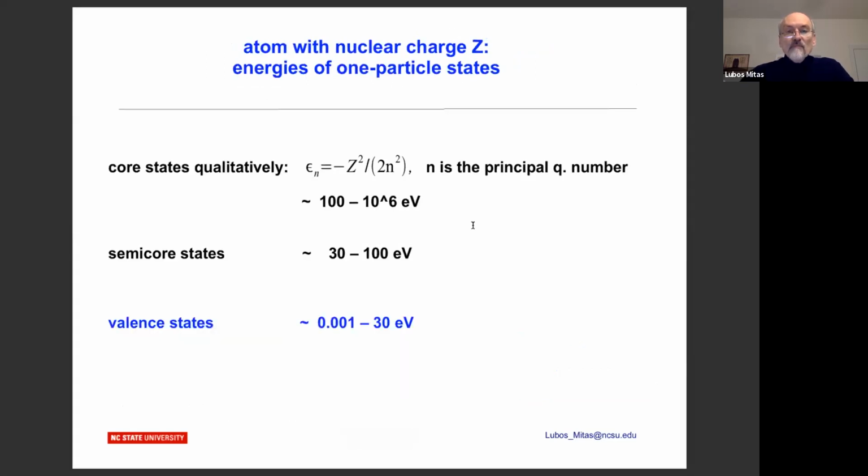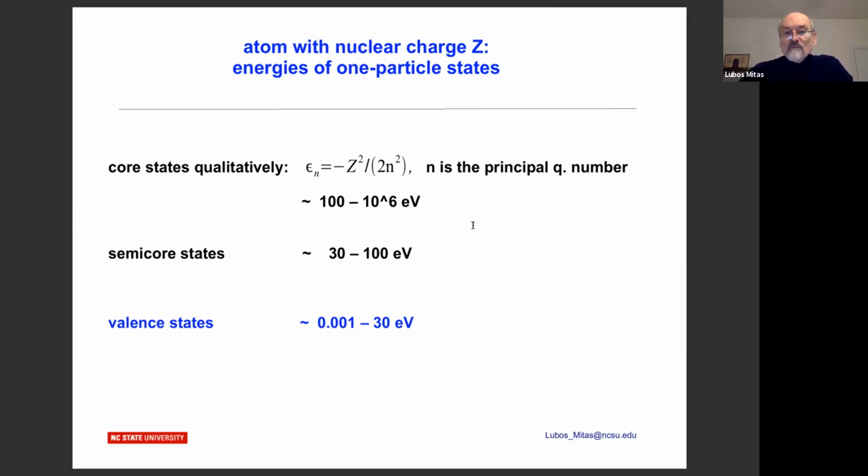Now, an even more important point for us is the following. The one-particle eigenvalues of the core states span an incredible range of scales if you go through the periodic table, because they scale as the atomic number squared divided by a number of order 1, especially for 1s, 2s, and so on.